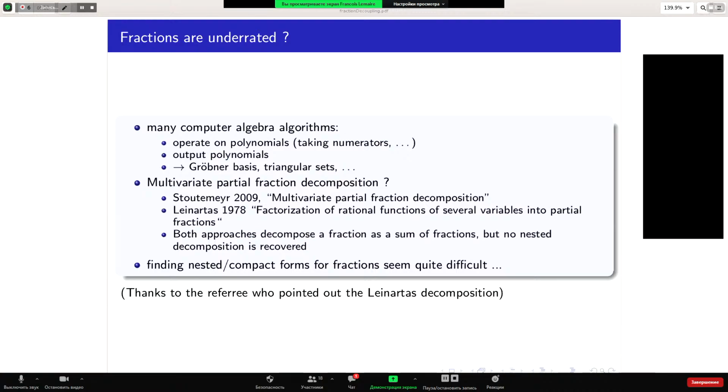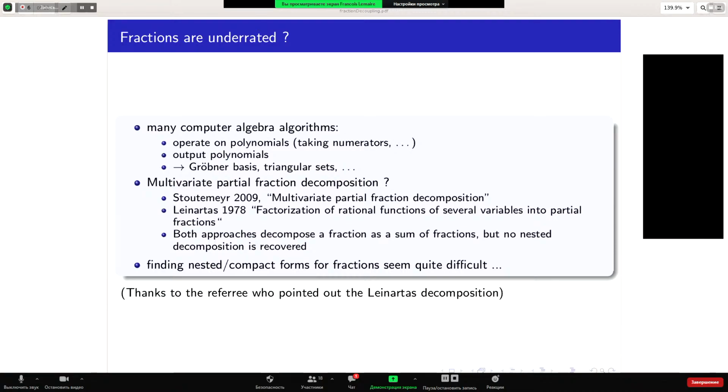And also, it's not so obvious to decompose, for example, fractions using something which looks like a partial fraction decomposition. So this multivariate partial fraction decomposition exists. It was developed by Stoutemyer 10 years ago. So you have an equivalent for multivariate fractions.